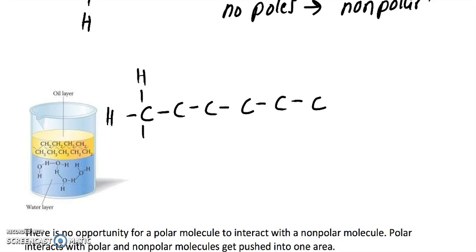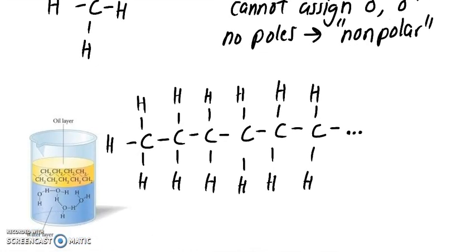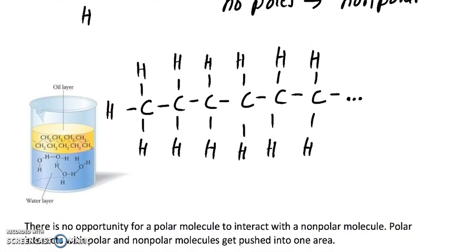Every carbon needs 4 bonds, and they're attached to these hydrogens. So we add those in, and then dot, dot, dot. So using the same logic as from up here, this is a nonpolar compound.